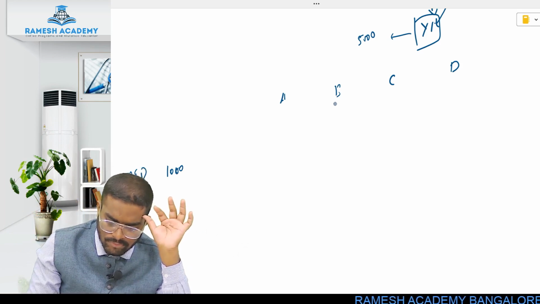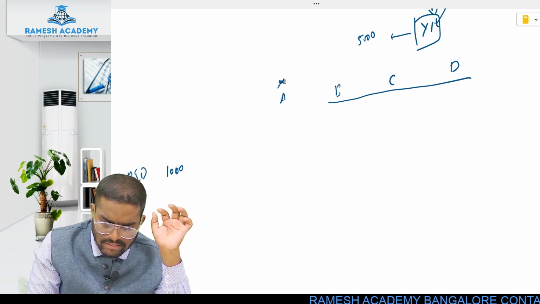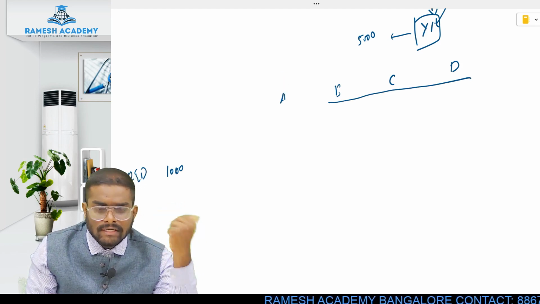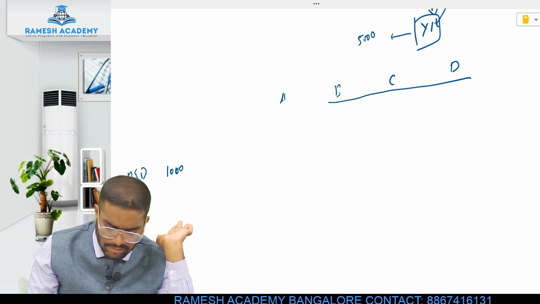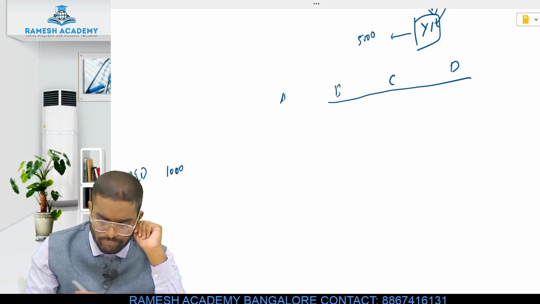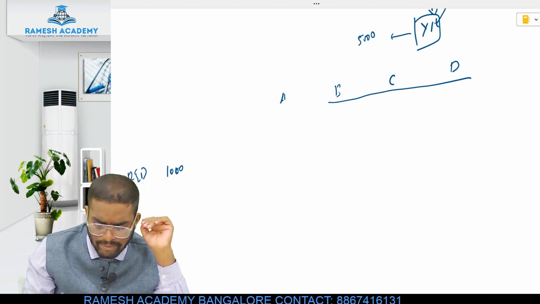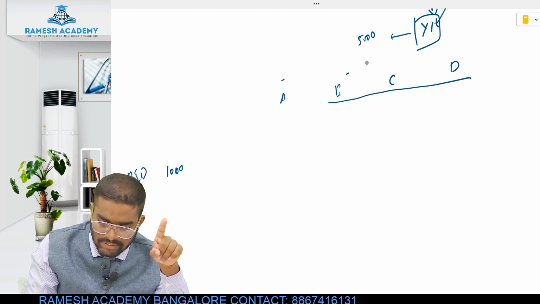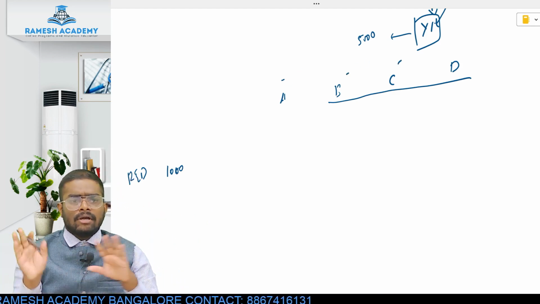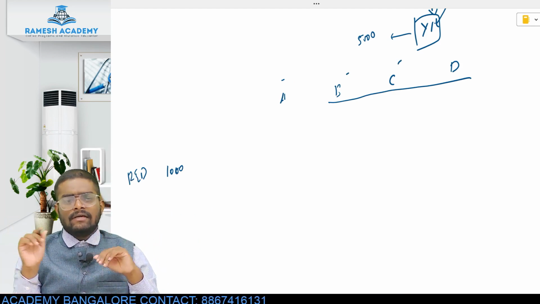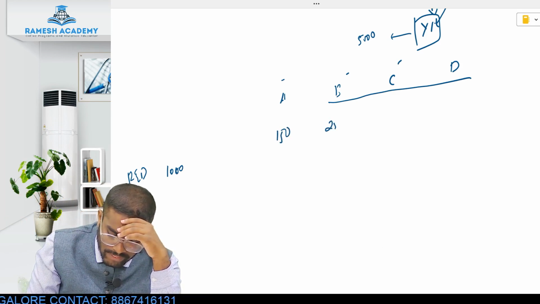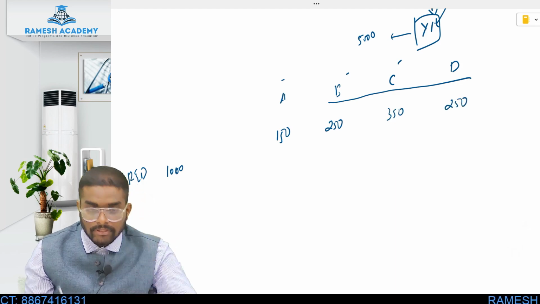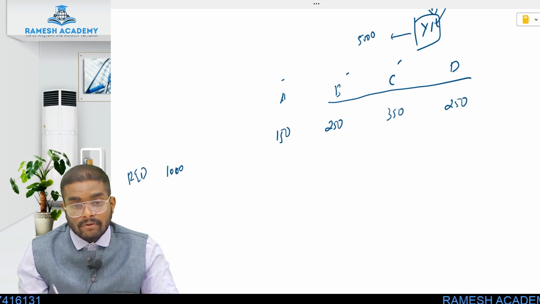These R&D expenses pertain to products B, C, D, but product A has not taken any R&D, there is no requirement of R&D in product A, but the cost is incurred for B, C, D. Earlier what we used to do is divide it by labor hour, but labor will be working in A, B, C, D. There will be labor in all the products, but R&D expenses are only for B, C, D. Earlier what we used to do, we would take it as labor hours, say A 150, B 250, C 350, again D 250. This was the basis of allocation in the traditional costing.